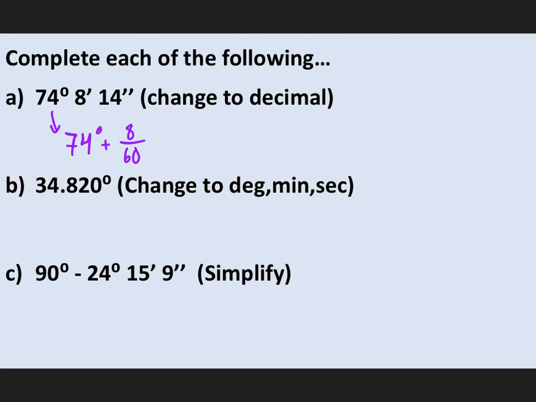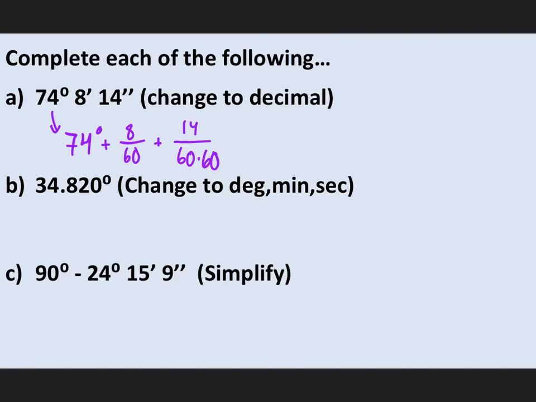So we're going to take 74 and we're going to add 8 over 60 to it. This 14 seconds is 14/60ths of a minute, and a minute is a 60th of a degree. So we're going to take that 14 and we're going to divide it by 60 times 60.